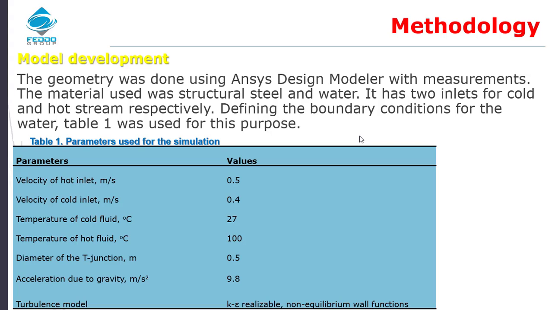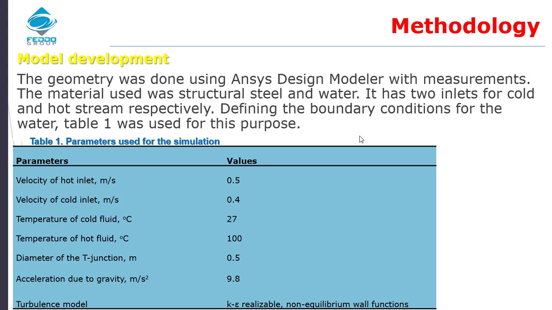The methodology of this research is basically we use popular and commercial software, ANSYS, to develop the model, to do the analysis, and also to report the result. So for the model development, we have geometry that was designed from the ANSYS Workbench, or what we call the ANSYS Design Modeler.